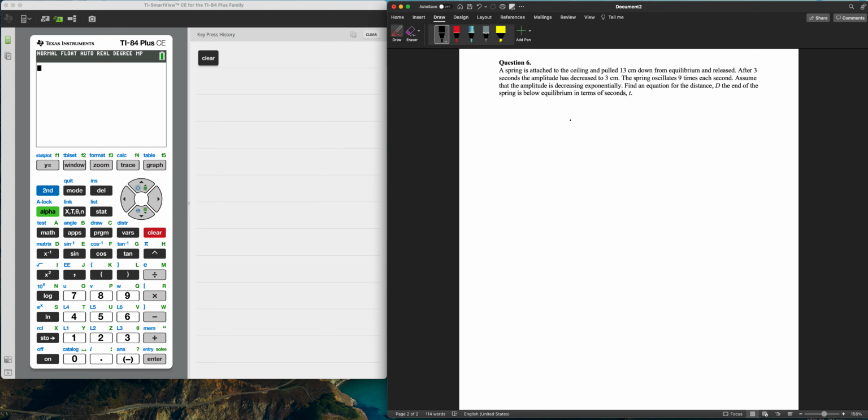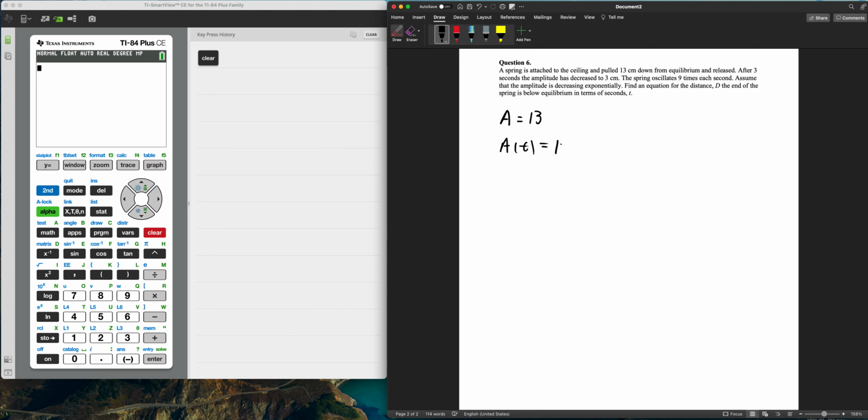Like the other spring problem, we're going to need to write down an amplitude function. So at the beginning, the initial amplitude is 13. But as time passes, the amplitude will change as a function of time. So it says after 3 seconds, the amplitude is decreased to 3 centimeters.